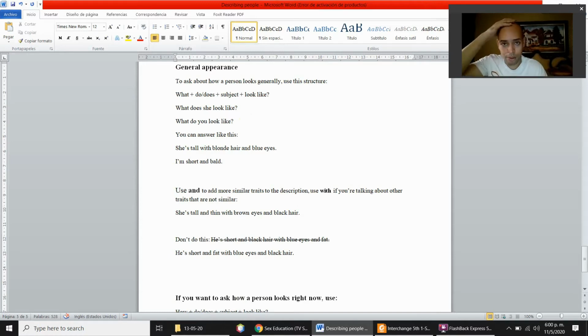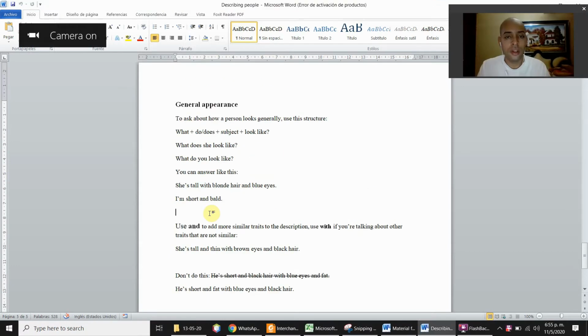For example, I'm bald. So this is to ask about the general appearance, how you look on average on an everyday basis, not how you look now. How did you look 1 month ago, 2 months ago, 3 months ago? In general, this is a structure we use.